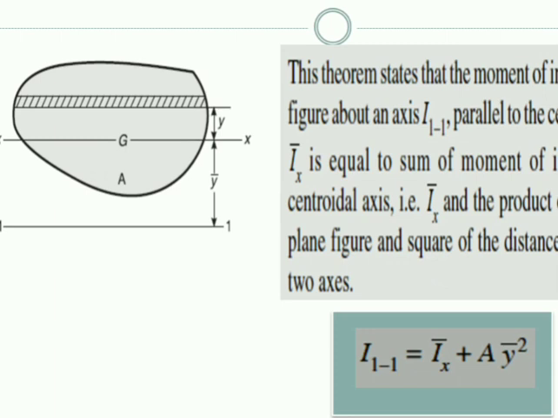So once again I'll explain the statement. We have a figure, irregular figure of area A. XX represents the centroidal axis of that figure. We have one more axis 1 1, which is at a distance y bar from XX. Both axes, that is XX and 1 1, are parallel to each other.